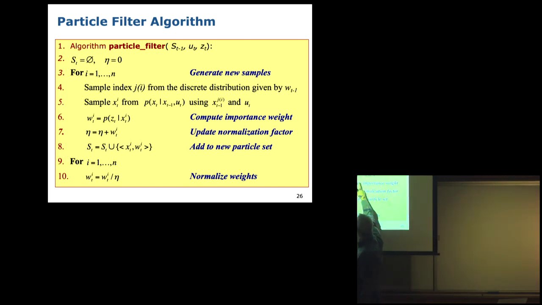We then take x_j, which is x_t. We calculate x_t from the previous one that we draw from that particle set, passing it through that motion model with the rejection sampling principle. We calculate the importance weight, which is proportional to the observation likelihood. We normalize the importance weights. Right? That's why we calculate this. We sum all the importance weights up and add this new particle to the new particle set. Right? And this is the normalization operation down here. And this is basically what we are doing.